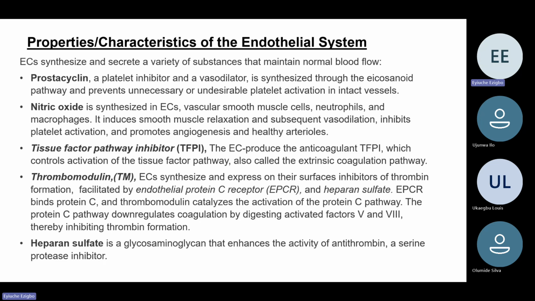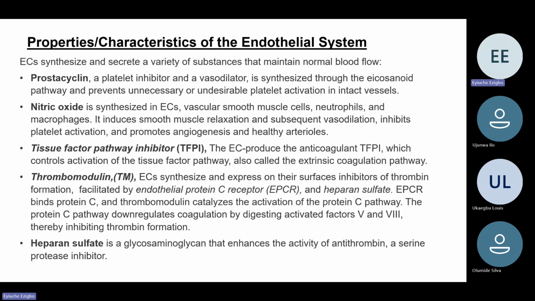So the endothelial cells also form a barrier between the blood and the subendothelium, because when you go down to the subendothelium, it is thrombogenic. It promotes what? Thrombosis, from the substances that are released from the subendothelium. So in trying to maintain the blood in a fluid state, the endothelial cells form a physical barrier between the blood and the subendothelial substances.